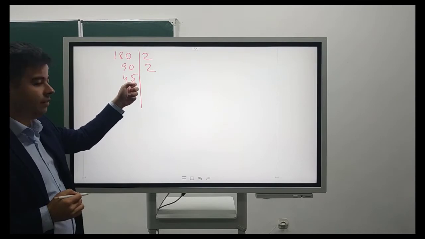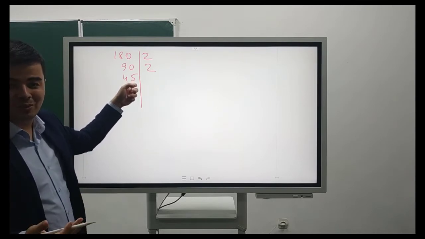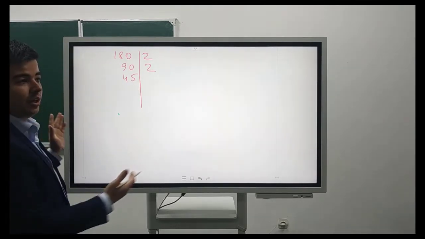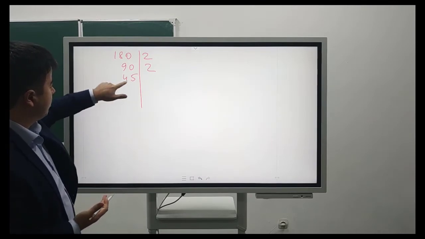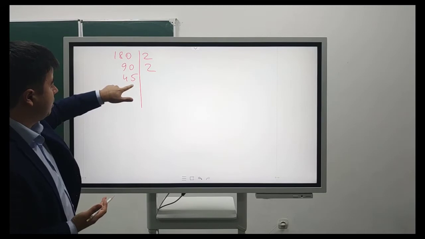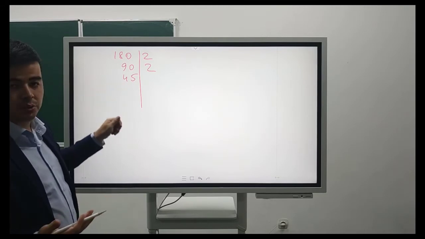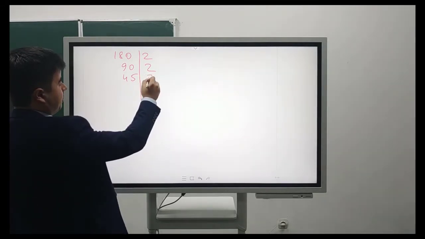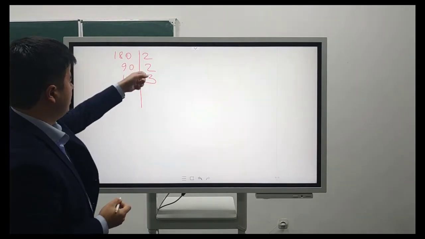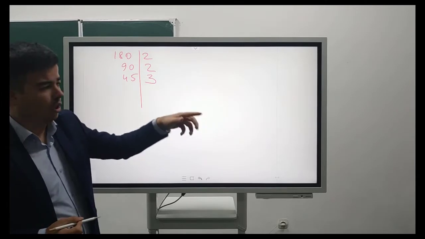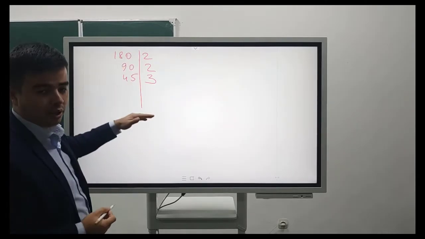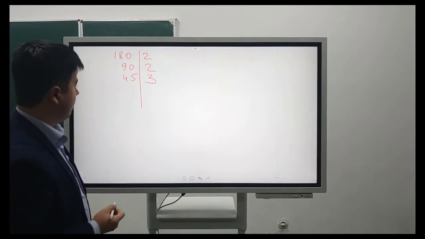Because of the sum of digits. Why do we need the laws of division? So here we will use it. 4 plus 5 is 9, and 9 is divisible by 3. So here we need to write 3. We need to keep our order: 2, 3, 5, 7, etc. Not write first 5, then 3.